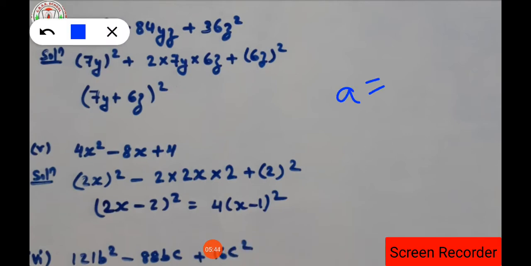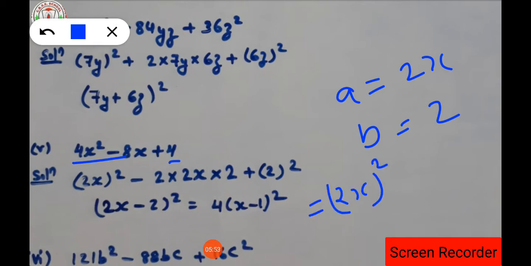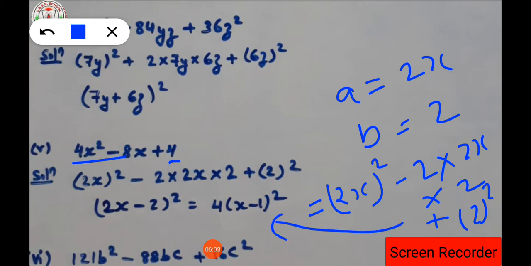That is 2x. What is the value of B we are having? That we are having as 2. So it can be written as (2x)² - 2 comes from the identity, 2x is the value of A, into 2 is the value of B, plus 2 the whole square. Now it can be written as (2x - 2) the whole square, isn't it?